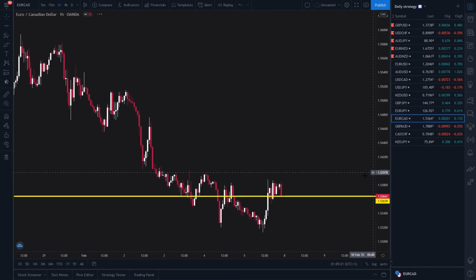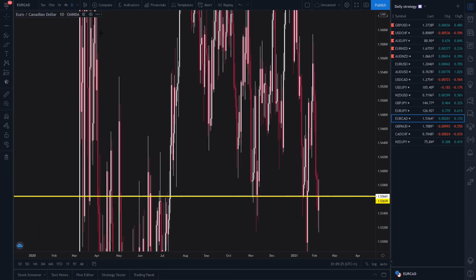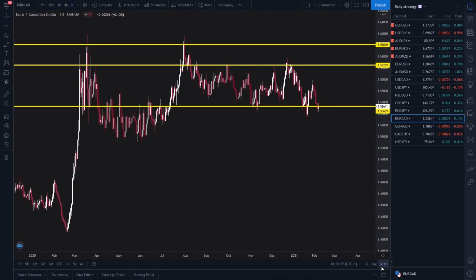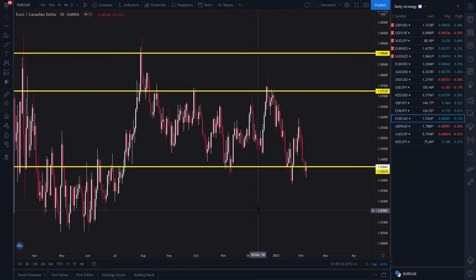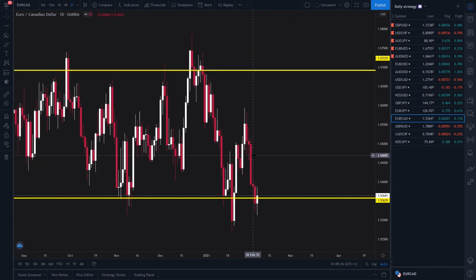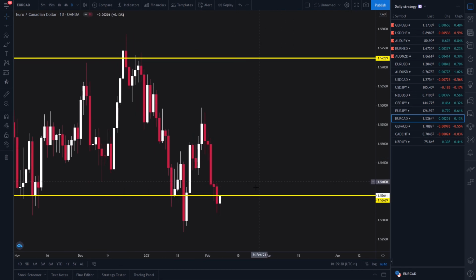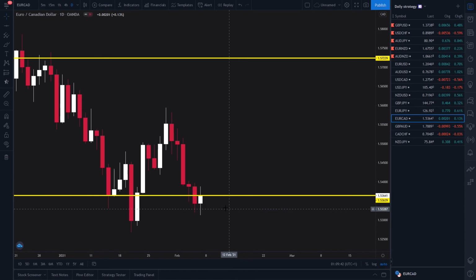Let's go for EURCAD, and again for a daily time frame. And EURCAD is bouncing in between those two, so we have formed an indecision candle right here on a zone.